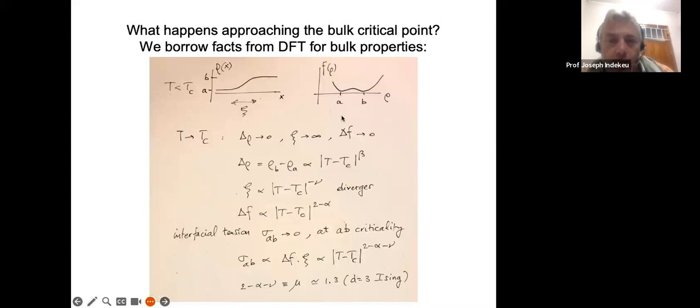And then there is the quantity, which is the free energy per unit volume, which we will follow from below criticality up to criticality. Or alternatively, we could also come down to criticality from higher temperatures.